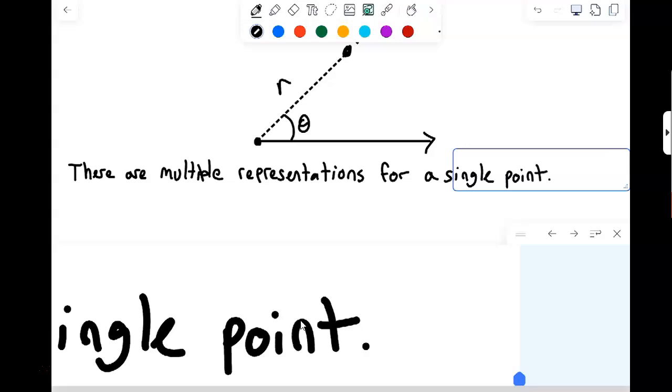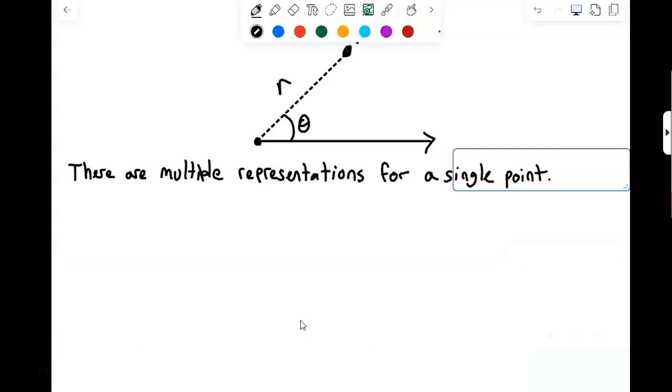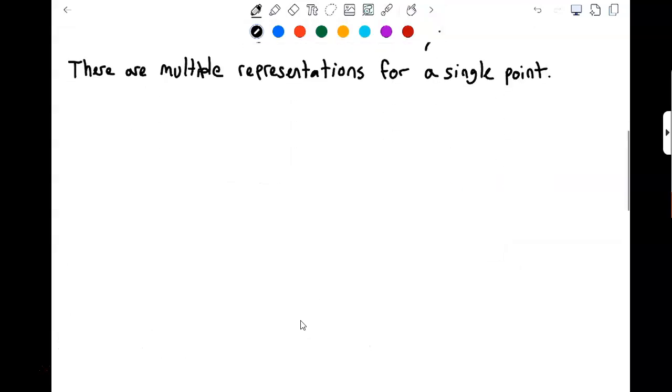Okay, there are multiple representations for a single point. So, in other words, let me draw this with my x and y axes. A lot of times I will go away from the xy axes, but for this example, I think it's worth drawing in my x and y axes.